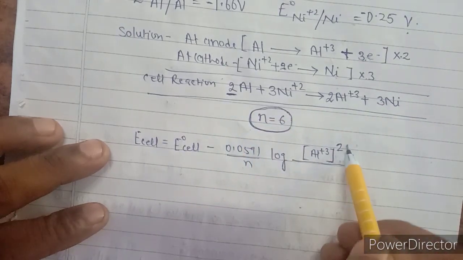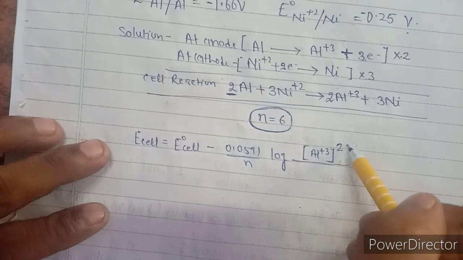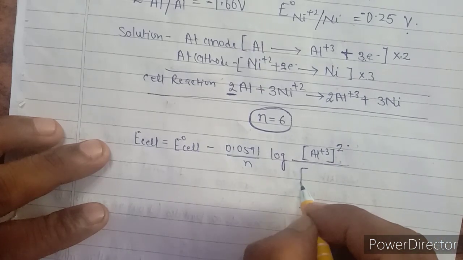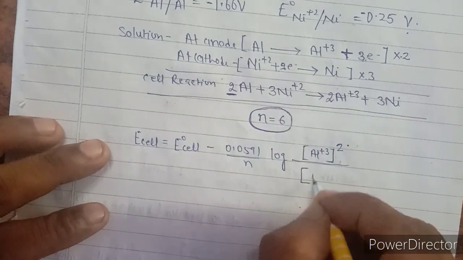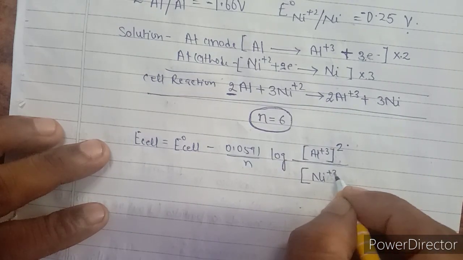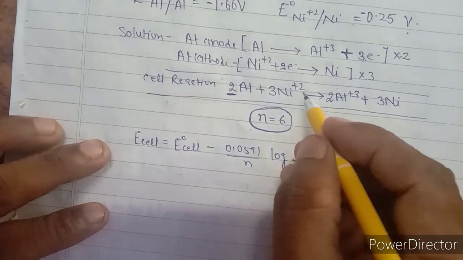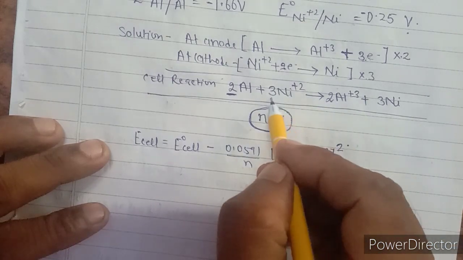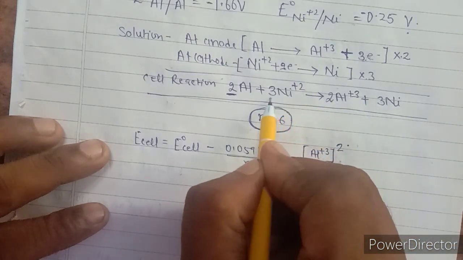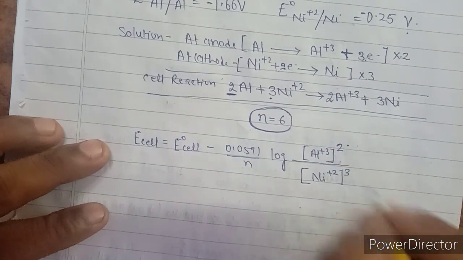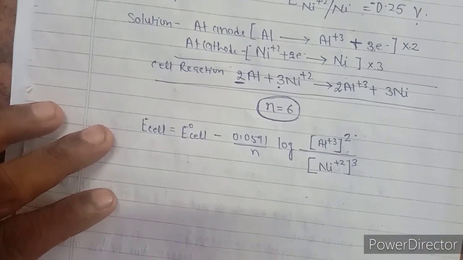In the case of nickel, you write nickel 2+ ion, and this concentration is raised to the power 3 because 3 is the stoichiometric coefficient used for balancing the equation.